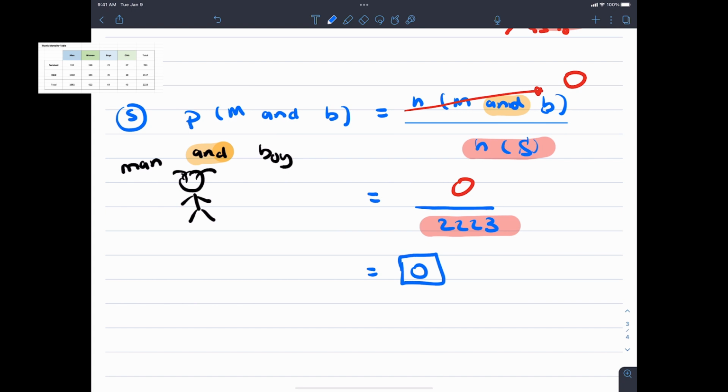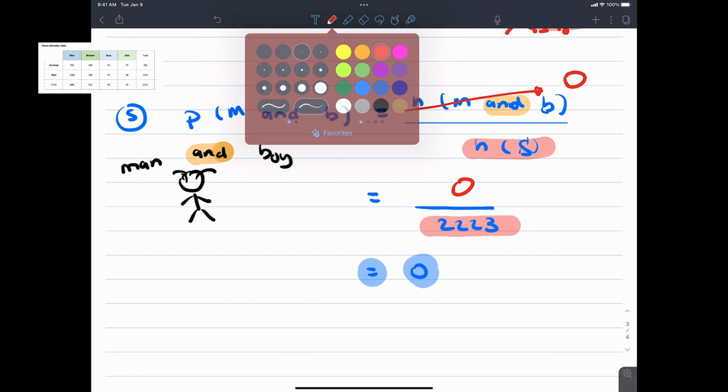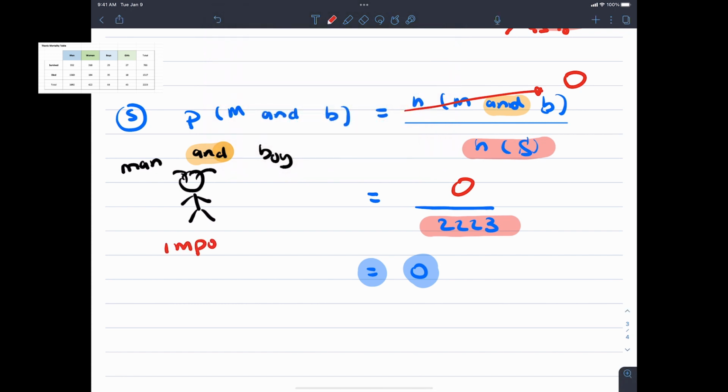Now, in your notes, I left you guys with something. Anytime the probability equals, it must equal 0. What do we say about the event? The event is impossible. In other words, it's impossible for you to select a passenger on the Titanic and it be a man boy.